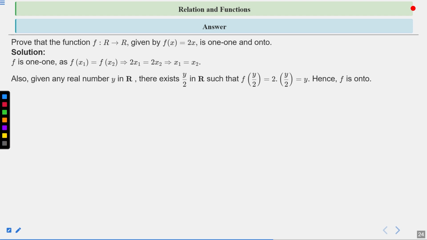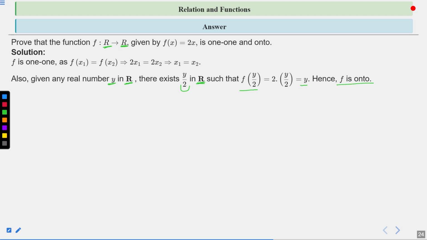Now in order to show this function is onto, we are required to show the range set is same as the codomain set, or you can also show that for any element from the codomain set there exists x belonging to the domain set for which f(x) is equal to 2x. Simple. So we start with y, taking y from the codomain set. We say there exists y by 2 belonging to the domain set such that f(y/2) is y. Yes?